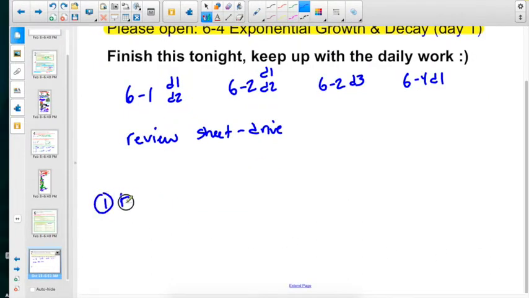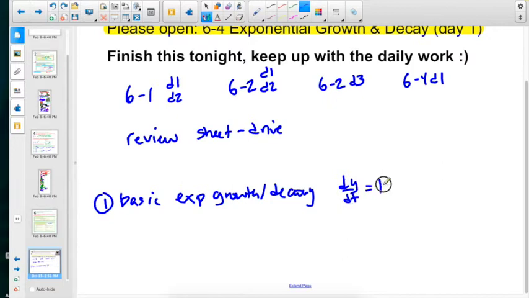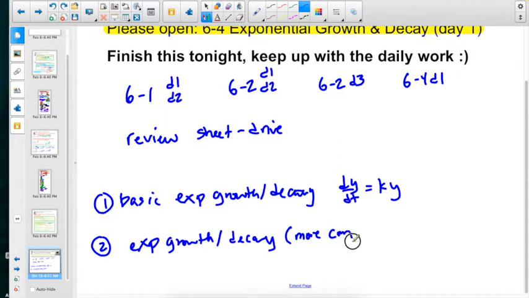We had that basic exponential growth/decay, where we had the rate directly proportional to the value, and then we had a more complicated exponential growth decay, where we had a more complicated differential expression.